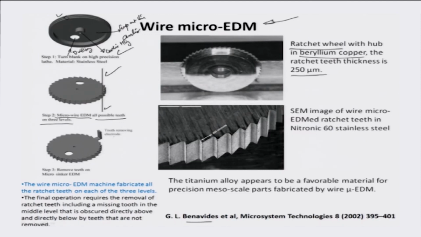You can also use another electrode for removing the teeth from each other. Once the blank has been formulated in 3 levels, some machining has already been done, but the extent to which the machine can go is very limited in the radial direction in this particular case. Therefore, the tooth removing electrode cleaves it diametrally.